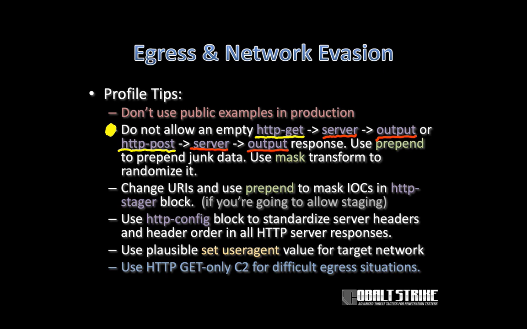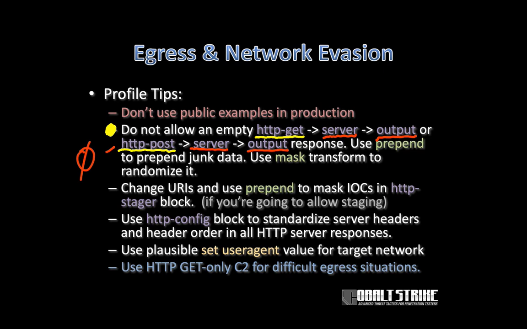And by default, they do nothing. And where this is relevant to you is that the HTTP POST block always returns no data. So if you don't do anything, every time beacon sends data back to its controller, it's going to get an empty server response.